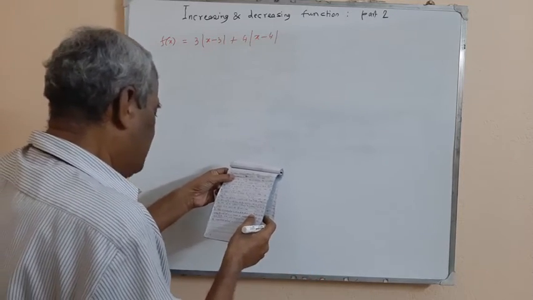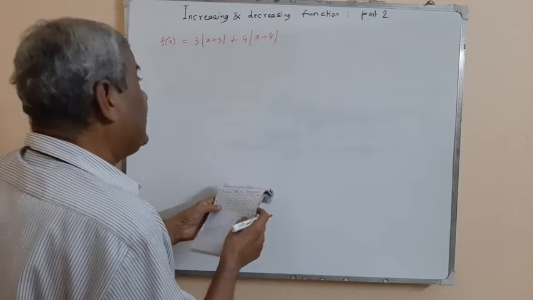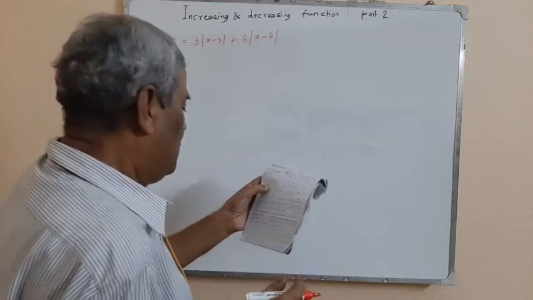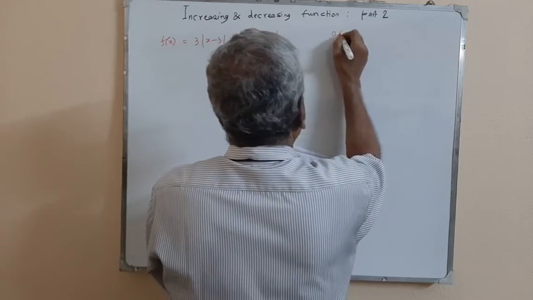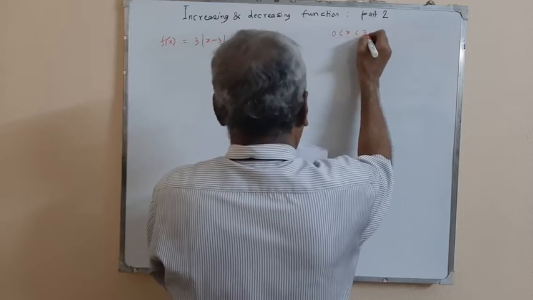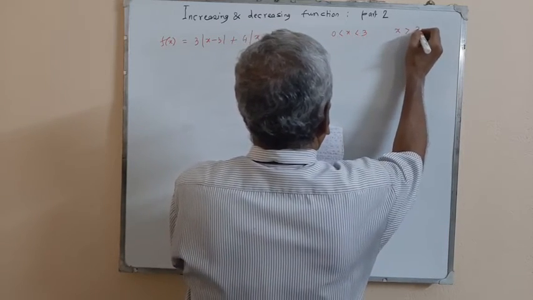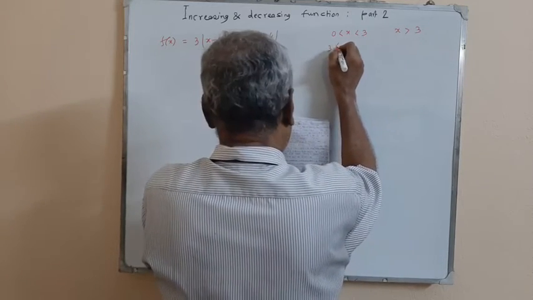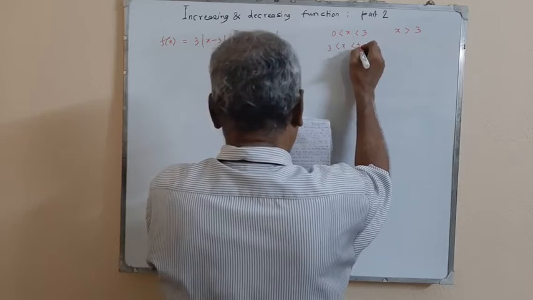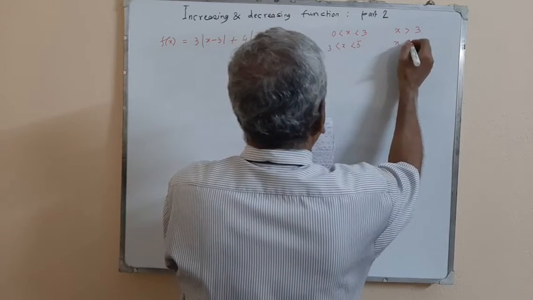So f(x) is equal to that. This function decreases in, four options are there: 0 less than x less than 3, x greater than 3, 3 less than x less than 5, and x less than 4.